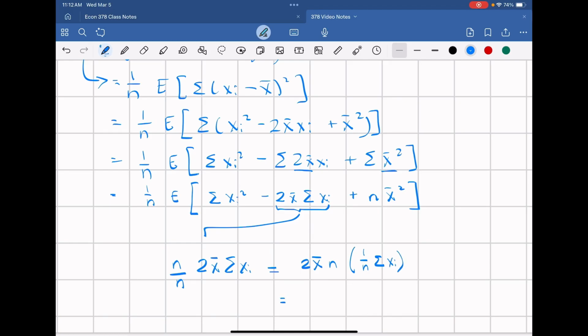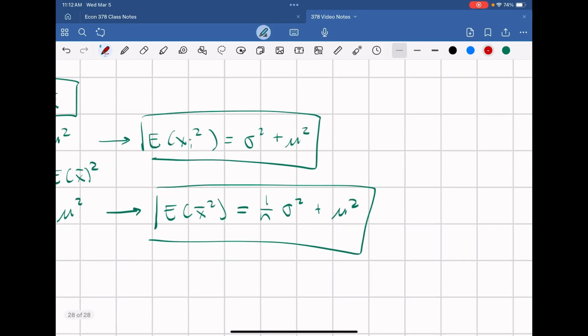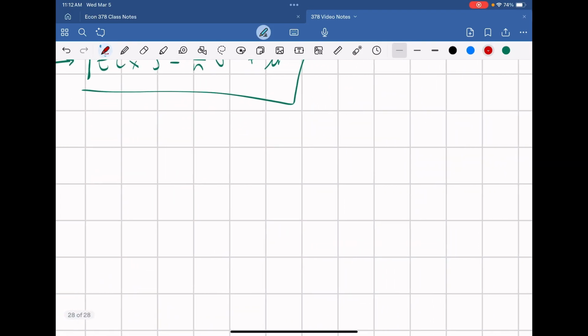And that is equal to, well, this right here is x bar. So now this middle term is going to be 2 n x bar squared, because I have an x bar here times an x bar here, so that's going to be an x bar squared. So with this, let's put this back into our equation right here.